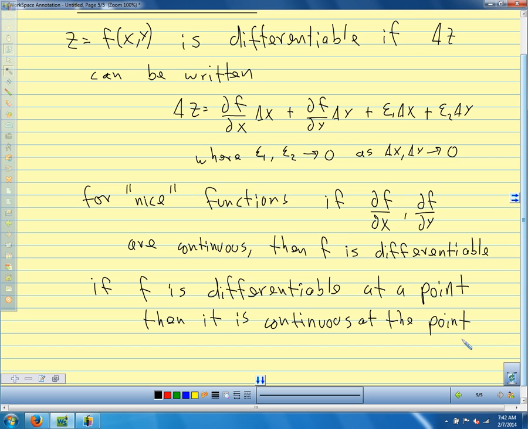So if this holds true at a particular point, then it is also going to be continuous at that particular point. Contrast that with what we had yesterday, where the derivative existed but the function was not continuous. So the existence of the derivative is not enough to say that the function is differentiable at a point. Multivariable functions behave a little differently, and this is how we define differentiability for a multivariable function. So that's how we get around that strange behavior. It has to do with the differential.